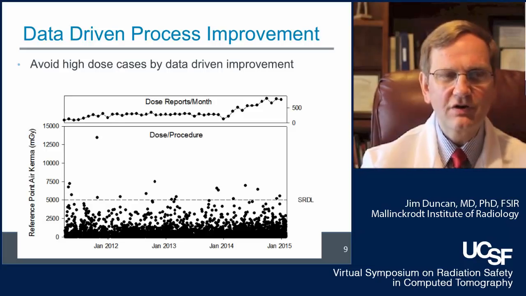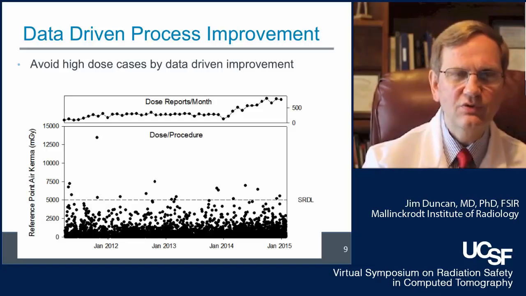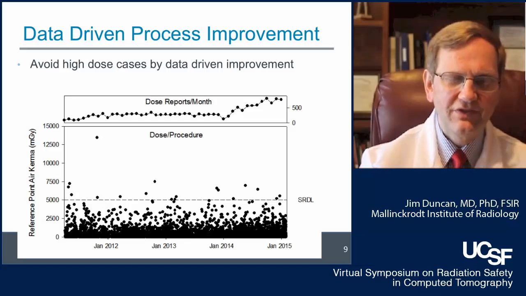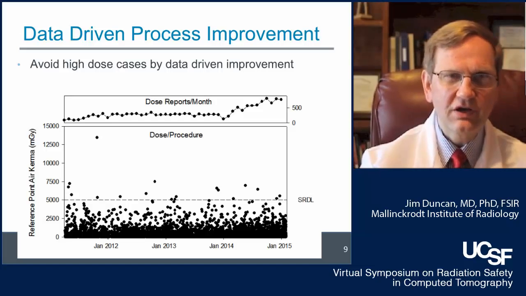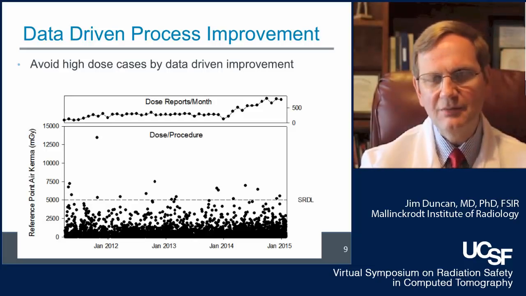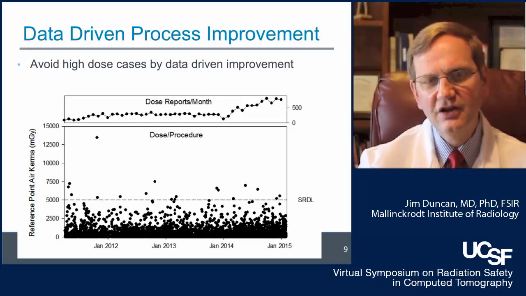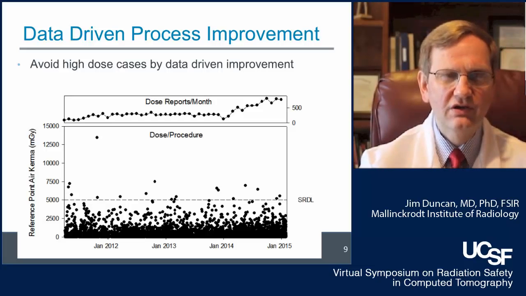I was actually part of the one case that was at 13.4 gray. That was a heroic effort in a 350-pound patient to stop him from bleeding to death from an SMA injury.